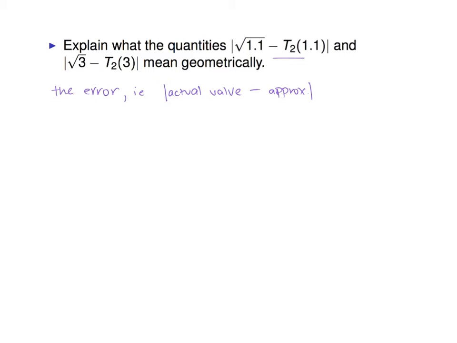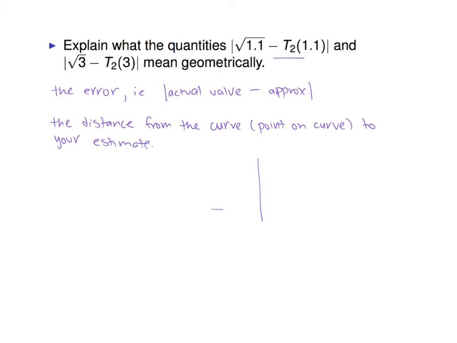Does that make sense? Now, the other thing that this tells you is the distance from the curve, or the point on the curve, to your estimate. Does that make sense? Like you have this curve, y equals root x, right?